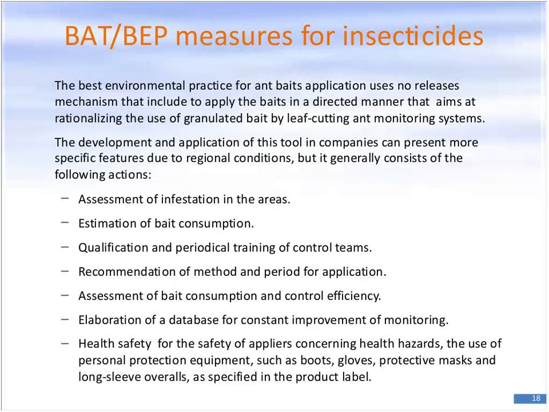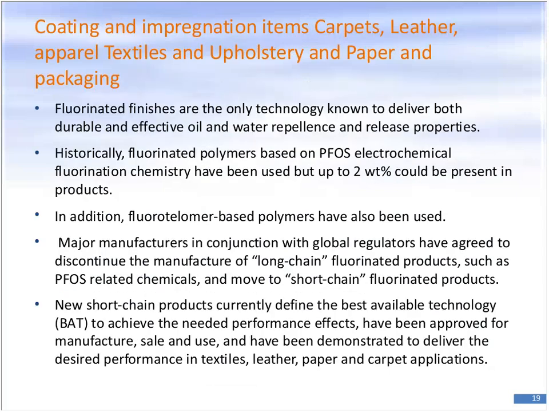So, going into another use: coating and impregnation items, carpet, leather, apparel, textiles, and upholstery, as well as paper and packaging. Fluorinated compound finishes are the only technology known to deliver both the durability and effective oil and water repellent and release properties.